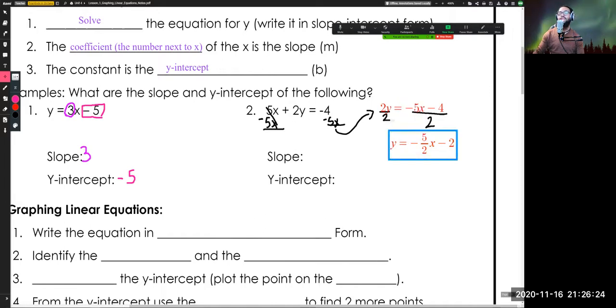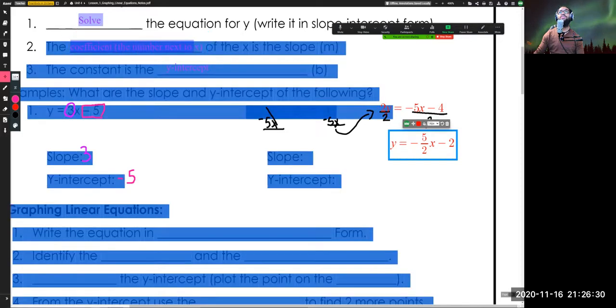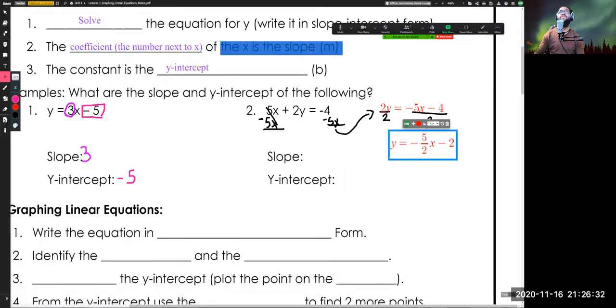All right. So now that we have this in slope-intercept form, remember it says up here that our coefficient of x is our slope, which is our m. So I'm going to write it out this way. My slope is going to be m equals negative 5 over 2.